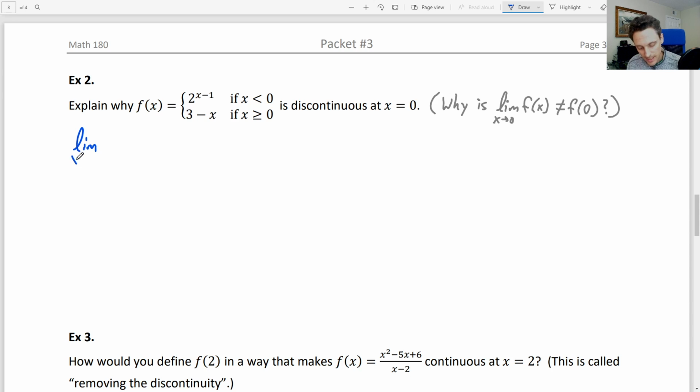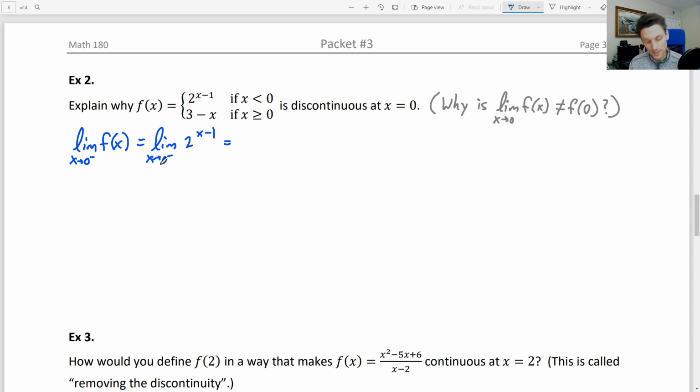When we take the limit as x approaches 0 from the left of our function, the y values of the function are calculated by 2 to the x minus 1. So f of x is 2 to the x minus 1 when you're looking at x values that are smaller than 0, that are to the left of 0. So as x approaches 0 from the left, we're going to be using the 2 to the x minus 1.